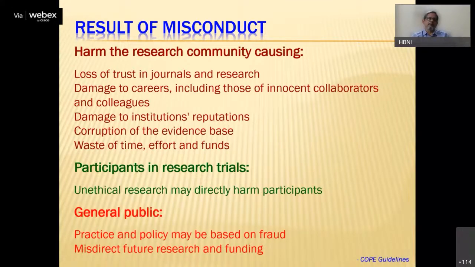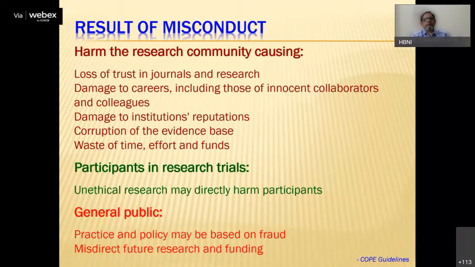Then, of course, all this will also result in a waste of time, effort, and funds for everyone, not only for the institution and the collaborators, but for the scientific journal which is taking up the manuscript. All these efforts will just come to a naught at the end when this misconduct is discovered.